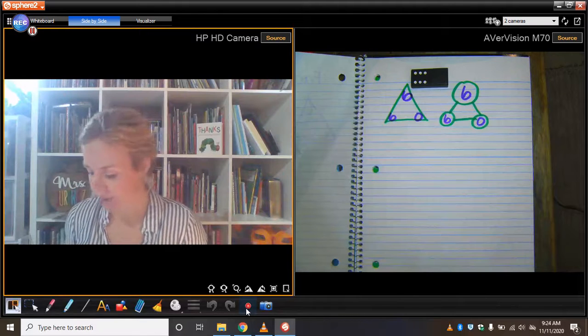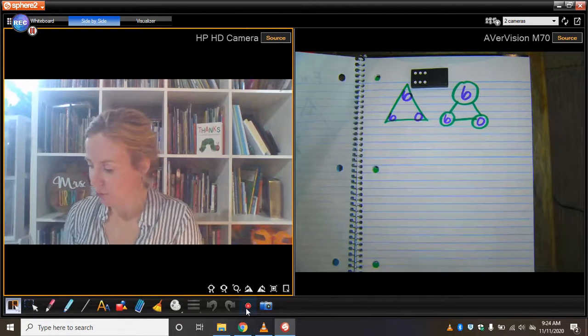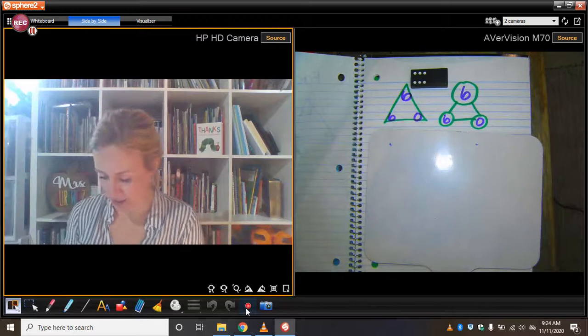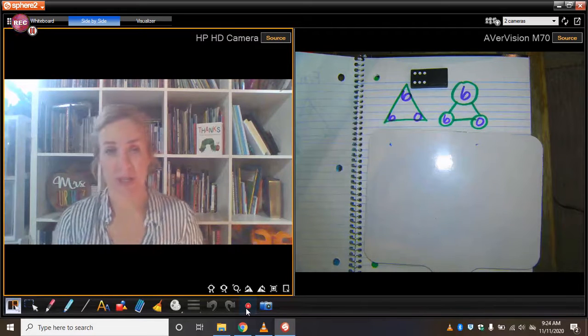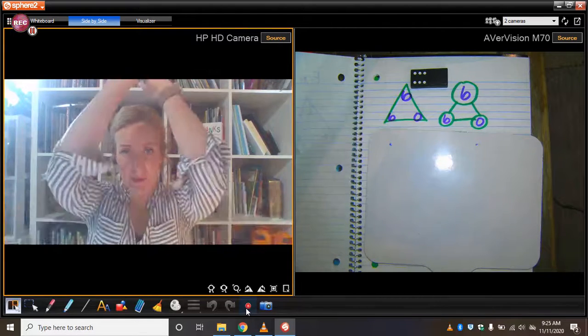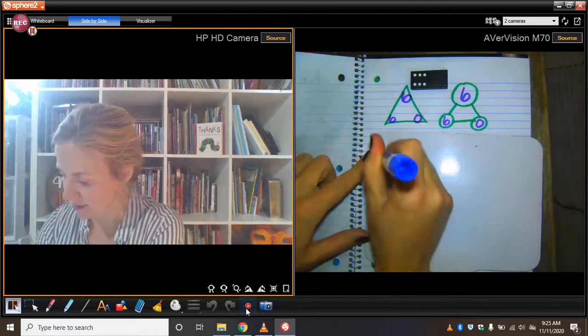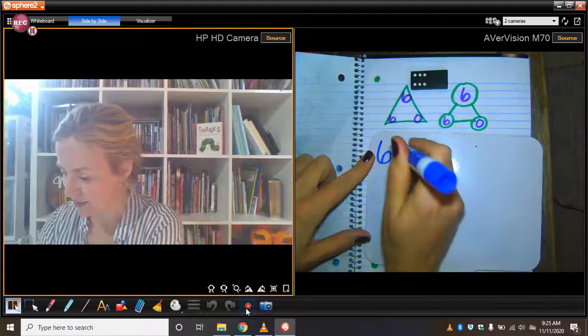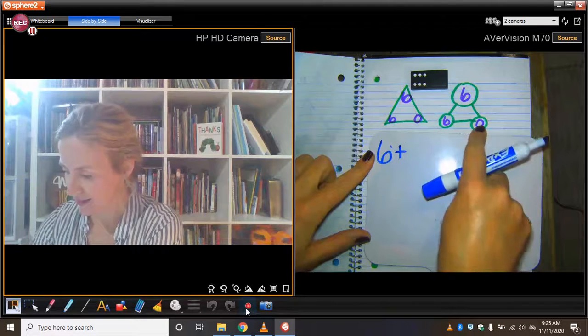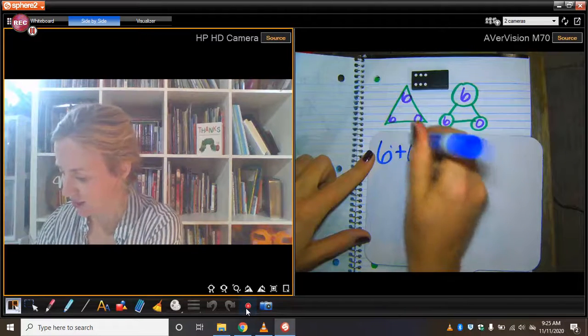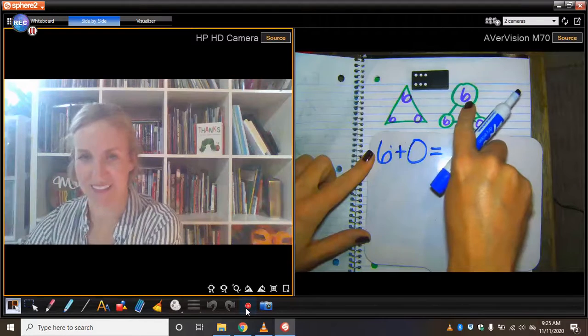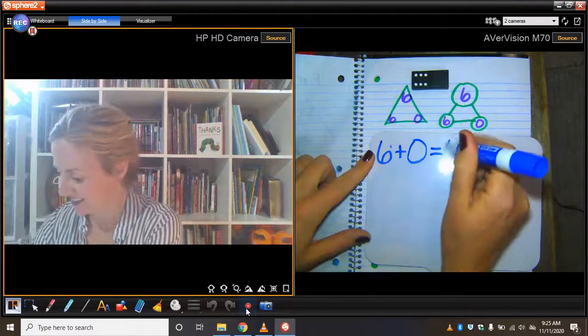Okay, so when it comes to this, I can now take my parts, put them together to make the whole. That's my addition. So on your whiteboard, I'm going to have you get ready to write some addition sentences. So addition goes part, put them together for the whole. So I'm going to say, here's my part, 6 dots plus, how many dots? Yep, no dots there. And then how many are there altogether? 6.